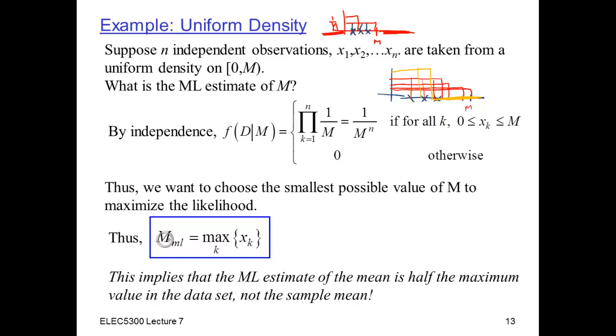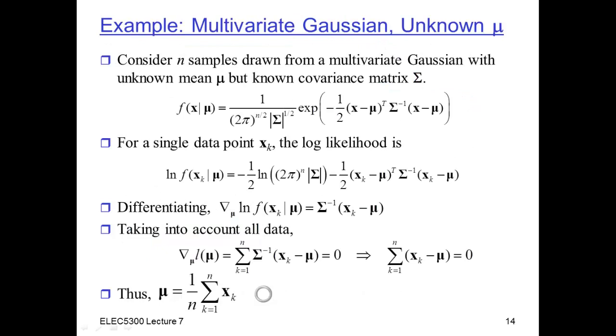What that means is that the maximum likelihood estimate of m should be the maximum value of xk. And here, the mean of the distribution is just m divided by 2. So the maximum likelihood estimate of the mean is half the maximum value in the data set, and that's not the same as the sample mean. So ML doesn't always result in the mean being equal to the sample mean, even though in many cases it turns out to be the case.